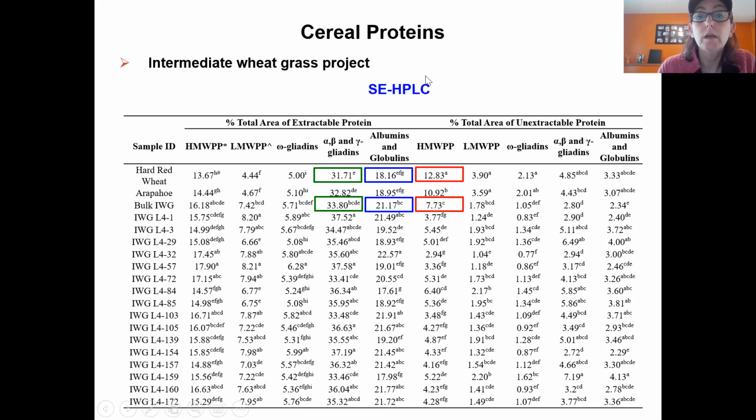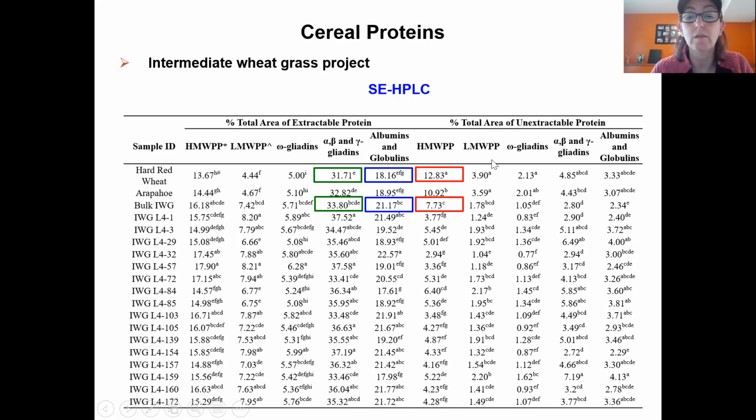And when we did a deep dive into the percentages of gliadins and glutelins, which is the high molecular weight polymeric protein, in hard red wheat we have a higher percentage of high molecular weight protein compared to intermediate wheatgrass.